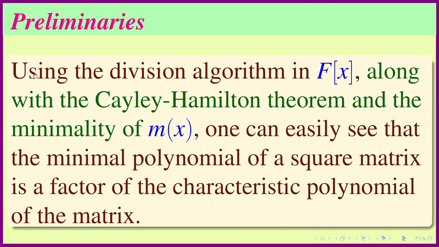Now, using the division algorithm in F[x] along with the Cayley-Hamilton theorem and the minimality of M(x), one can easily see that the minimal polynomial of a square matrix is a factor of the characteristic polynomial of the matrix. In other words, the minimal polynomial divides the characteristic polynomial in F[x].